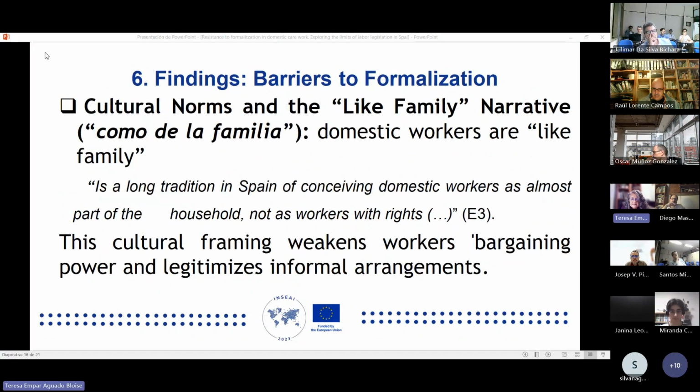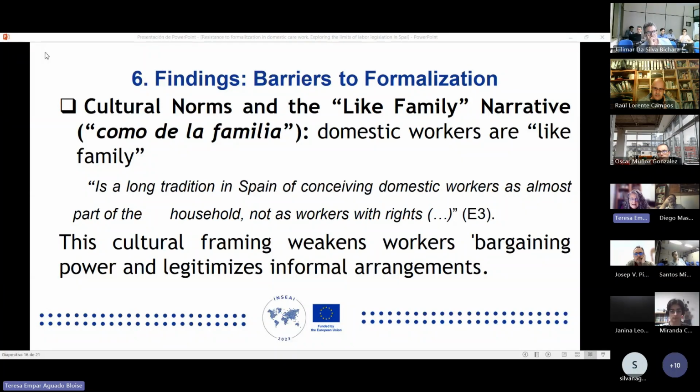Institutional weaknesses also help sustain informality. Labor inspectors cannot enter private homes without consent, which creates what one interviewee described as a huge sense of impunity. Violations can persist for years without any oversight.